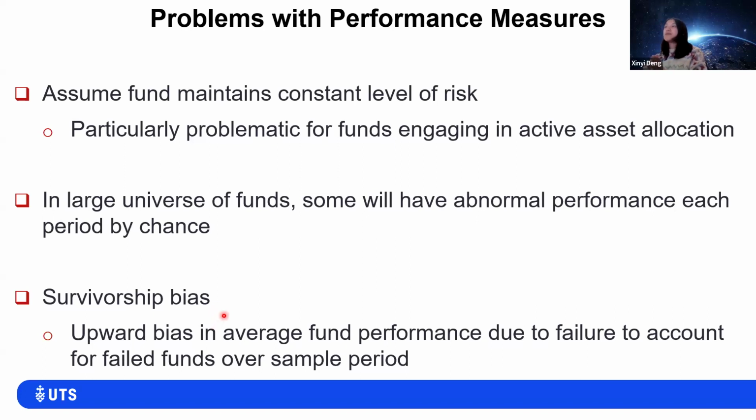Because we are ignoring them, our calculated average fund performance would tend to have upward bias. That's survivorship bias, the second issue with those performance measures.